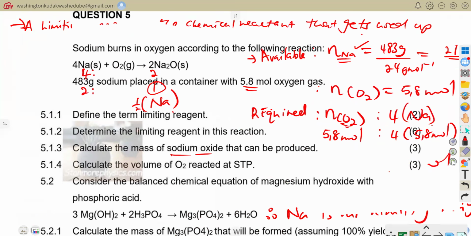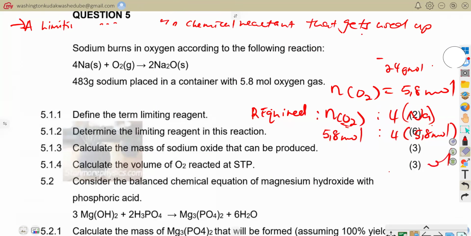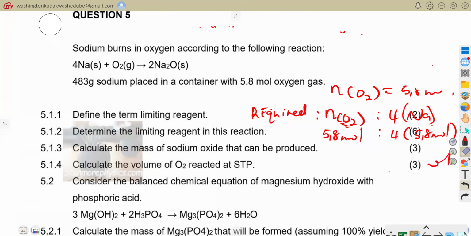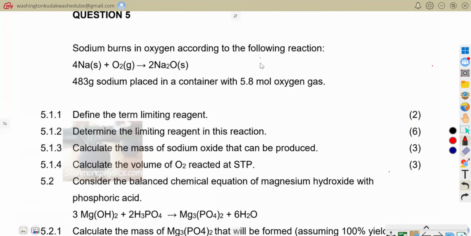At some point, you can see that our oxygen requires 4 times of the sodium. So the number of moles of oxygen that are going to react are going to be equal to 1/4 of the number of moles of sodium, because our sodium is our limiting reactant.